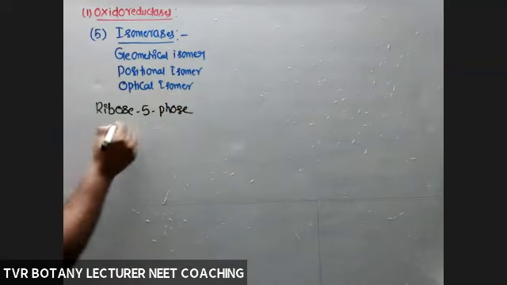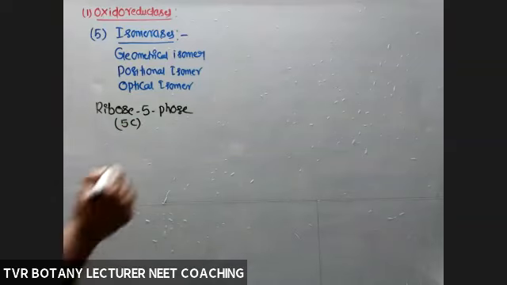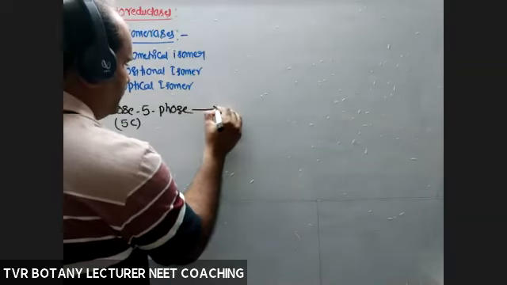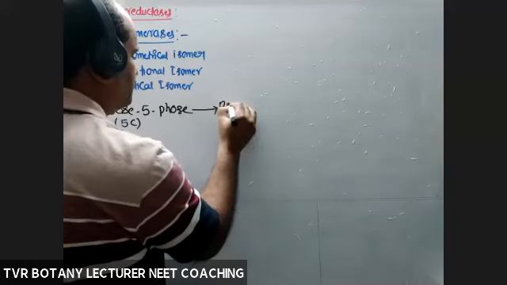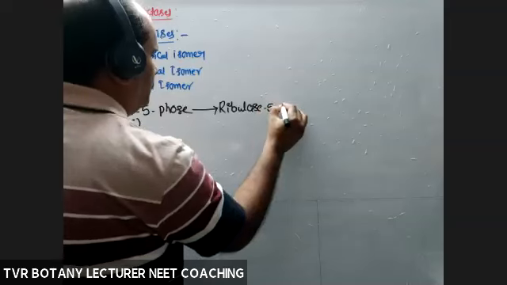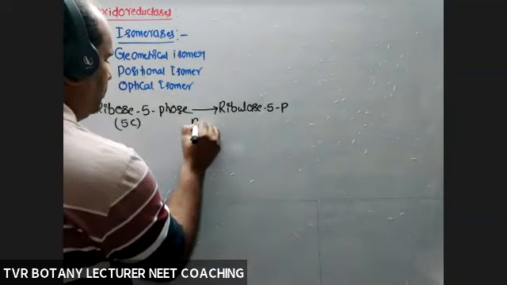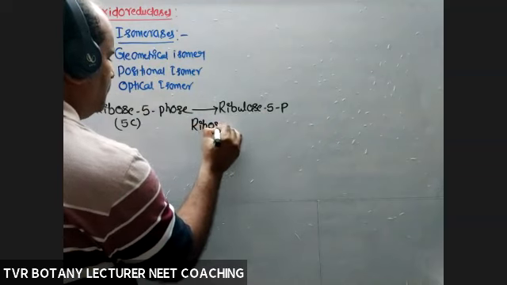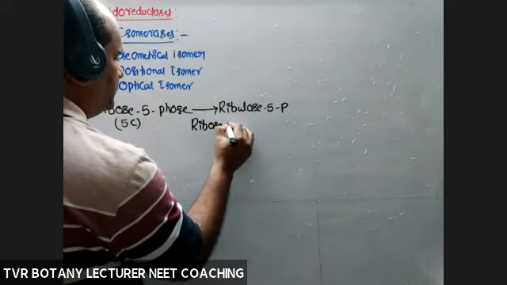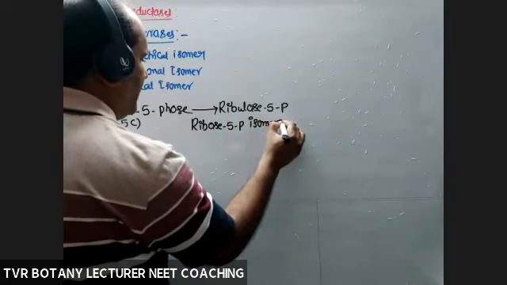It is one type of sugar, a 5-carbon sugar, ribose 5-phosphate. So it is isomerized into ribulose 5-phosphate in the presence of ribose 5-phosphate isomerase.